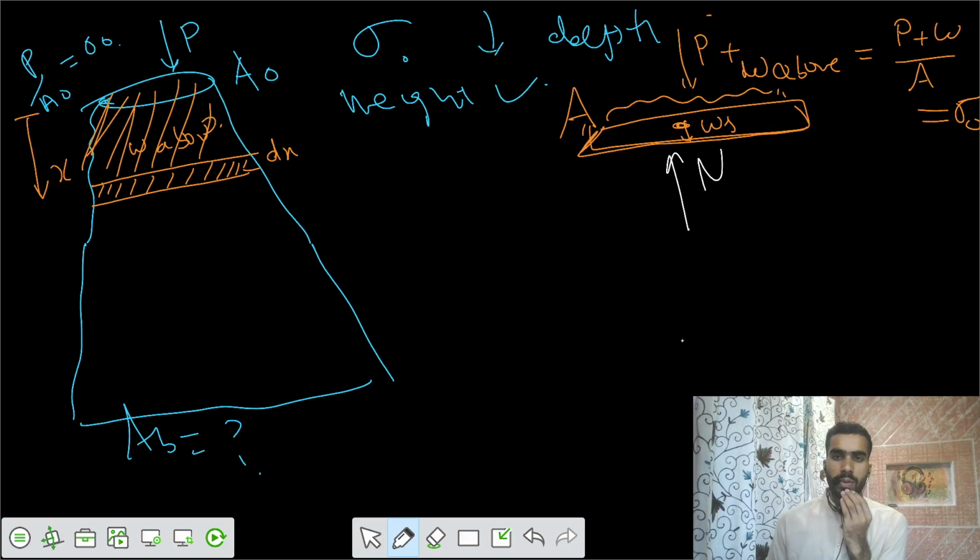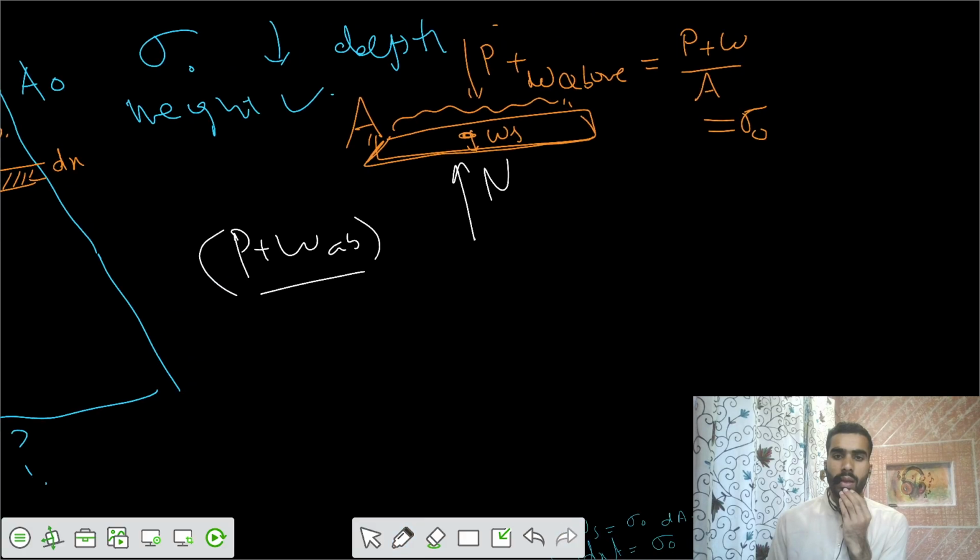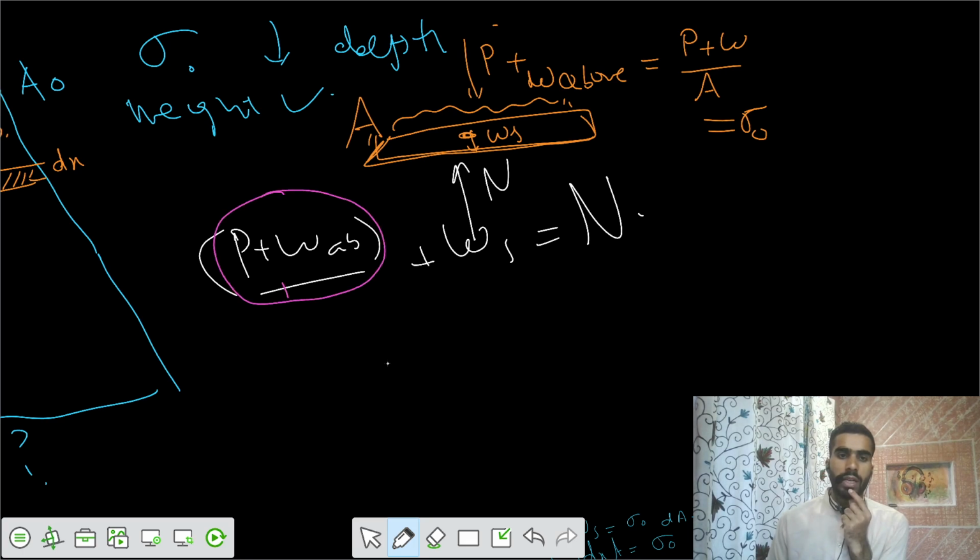If I have that force equilibrium, P plus weight above plus weight of strip should equal the normal reaction. But I know that P plus weight above, if I convert it in terms of stress, is sigma naught into A, since the stress should be constant.